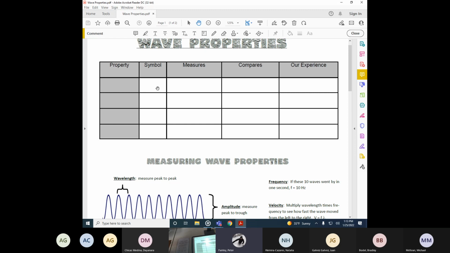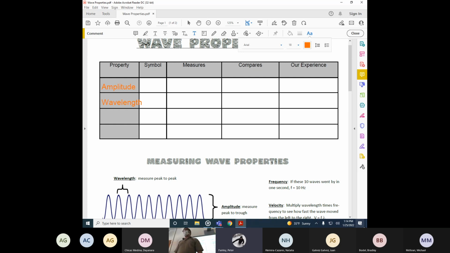I'm going to use a pretty big font here. I suggest you use a smaller one. Our first property is going to be the amplitude of the wave. The next property is going to be the wavelength.